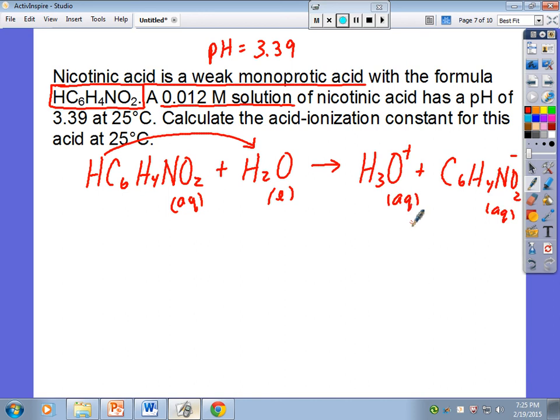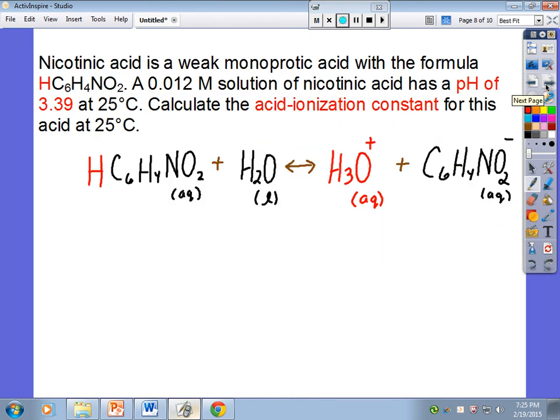When I actually write this hydrogen, I don't typically put water in my equations when I dissociate, but that's actually what's happening. And so this H plus can also be written like this. It's a hydronium ion. So that's what I've written right here.